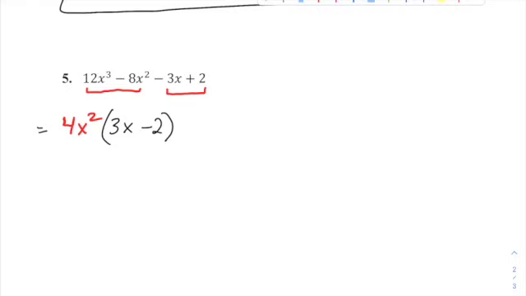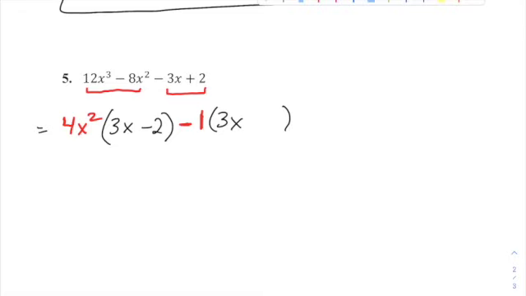Out of the second group, it starts with a minus, so you'll want to take out a minus. And the only thing you can take out of 3 and 2 is 1, so in this case I'm going to take out minus 1, or negative 1 if you prefer. And what's going to be left on the inside there?